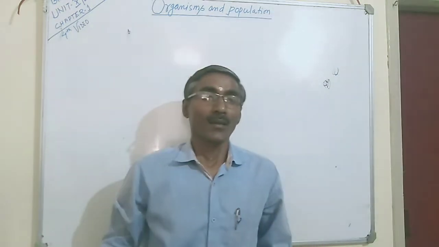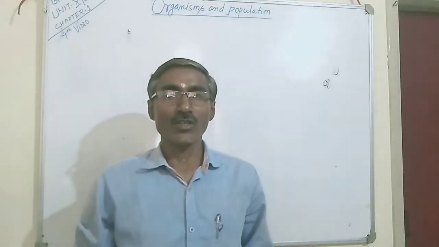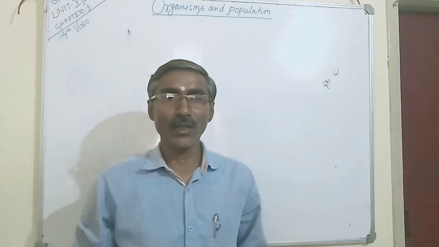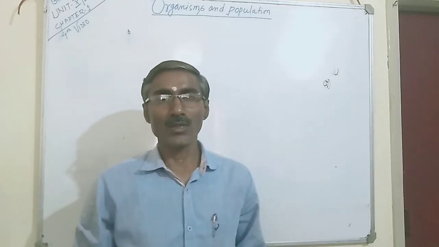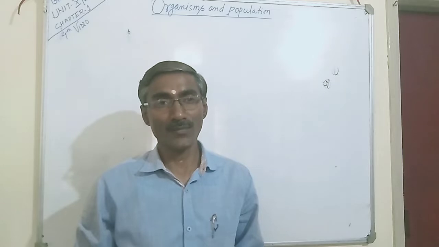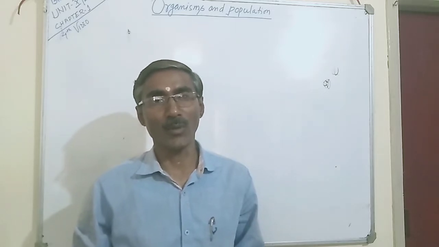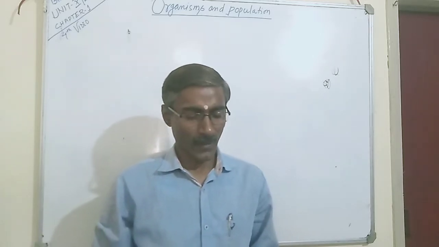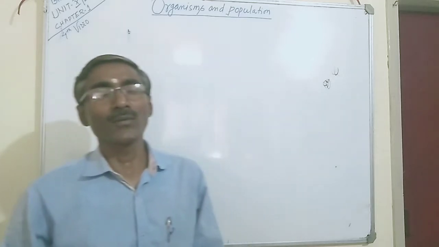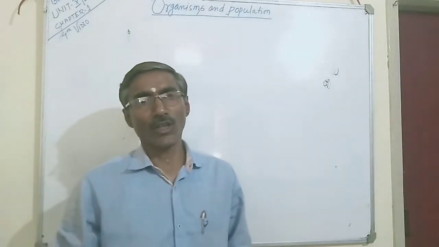Welcome back. After the introduction to ecology, unit 10, I am going to discuss chapter 1, organisms and populations. You already know there are 4 levels of organization in ecology.